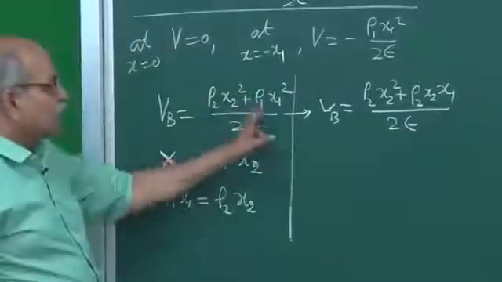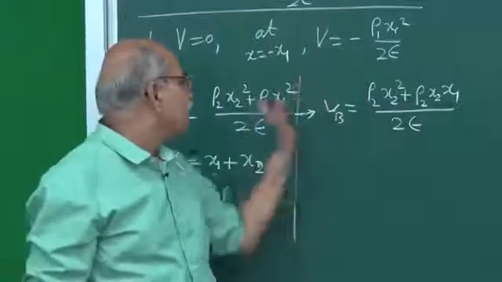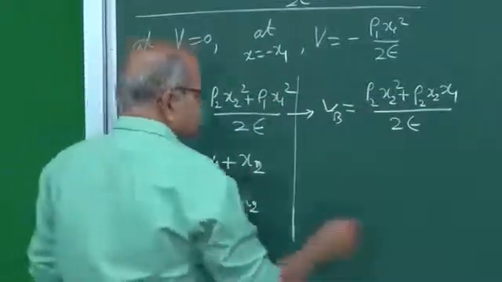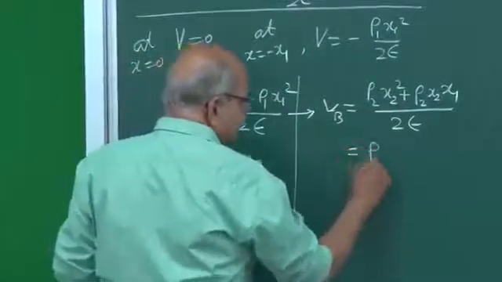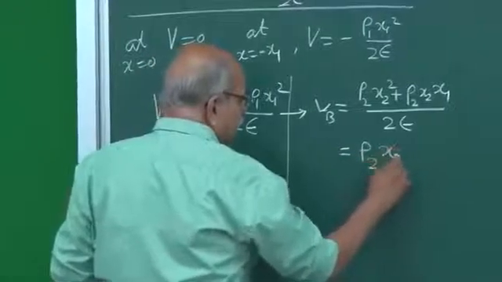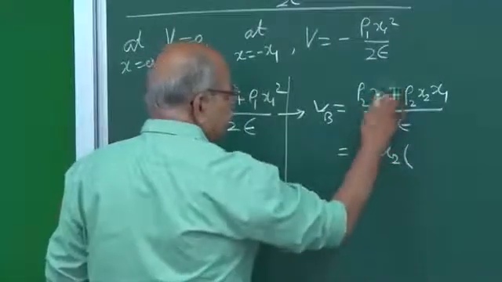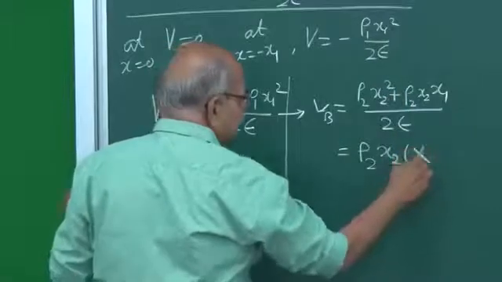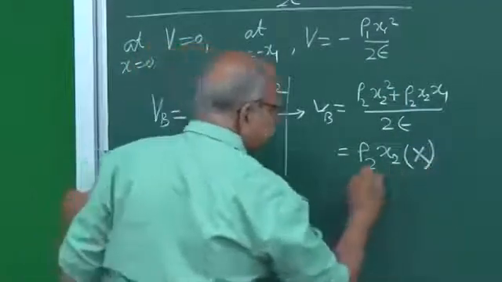This rho 1 x1 is rho 2 x2 and one more x1 here. So it is this, and you take rho 2 x2 common and you get x2 plus x1, which is capital X.